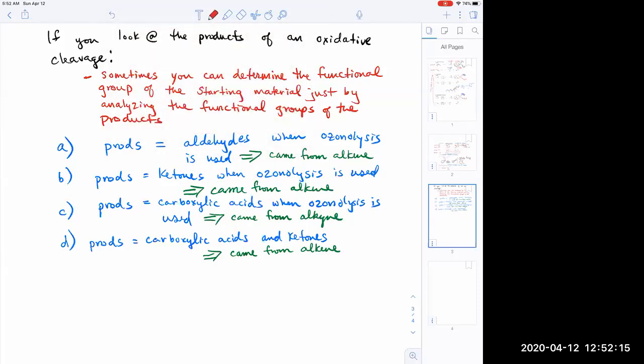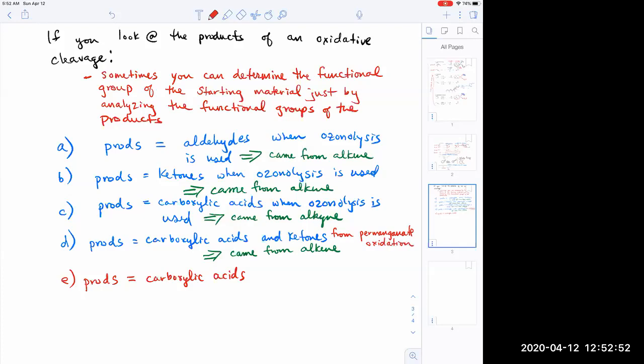So the one that stands out is, what if your products are both carboxylic acids from a permanganate oxidation? Oh, and this one was from permanganate oxidation.